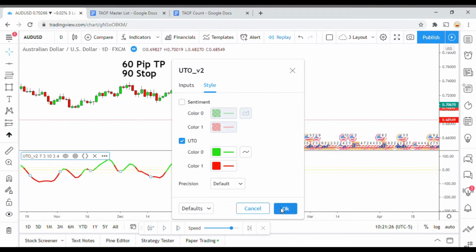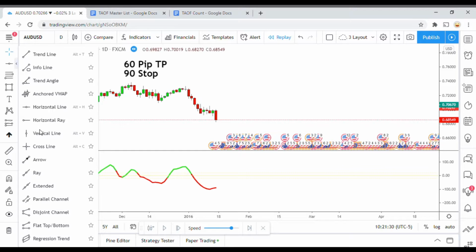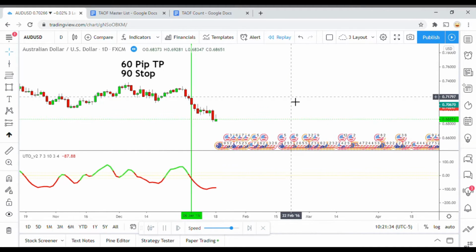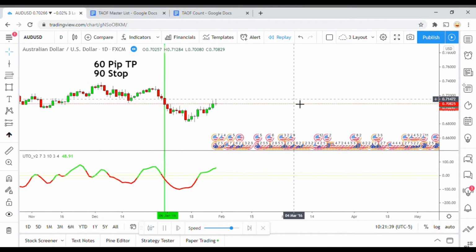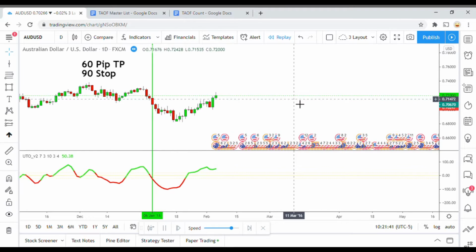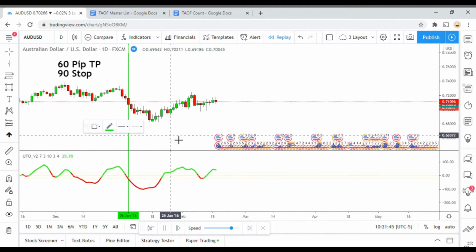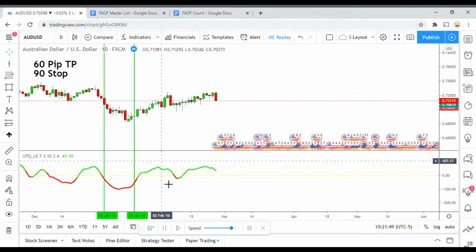I'm going to increase the weight of these lines, make them a little bit easier to see. So we get the first sell signal right there, and it obviously worked out for us pretty well. Then we get our buy signal right there. Looks like that one also works out for us pretty well.